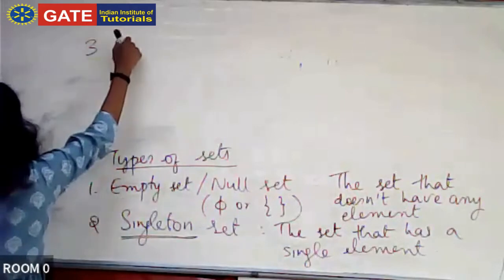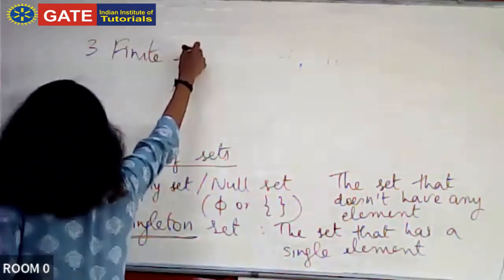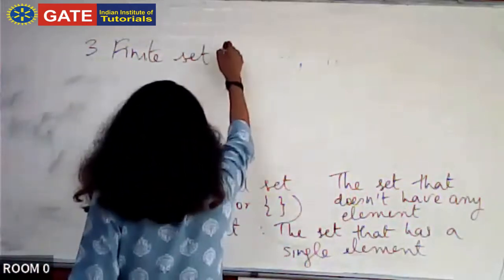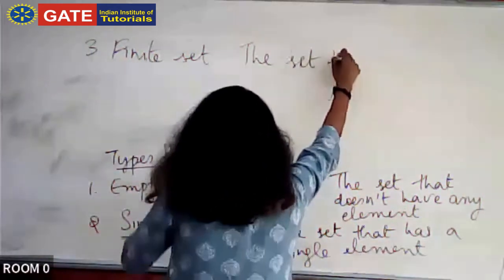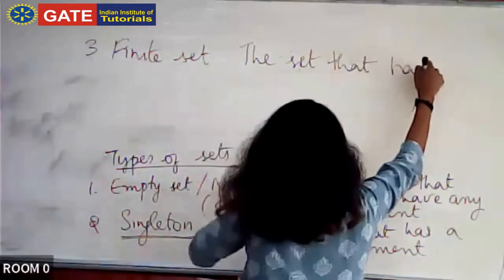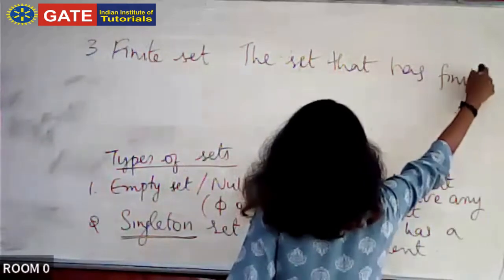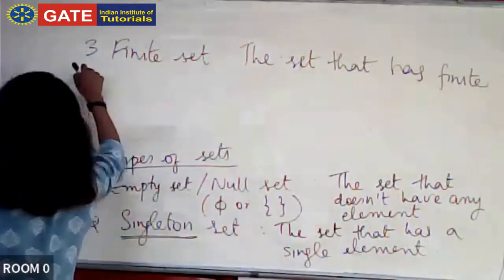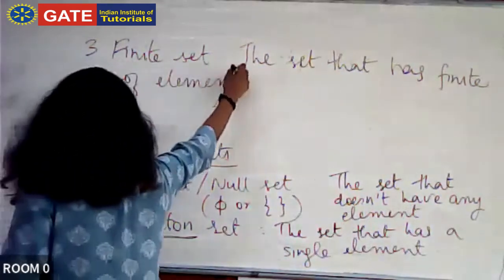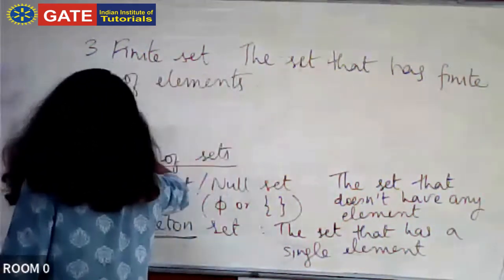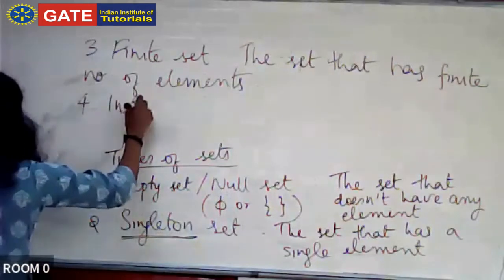Then third is the finite set. The set that has a finite number of elements. Then infinite set.